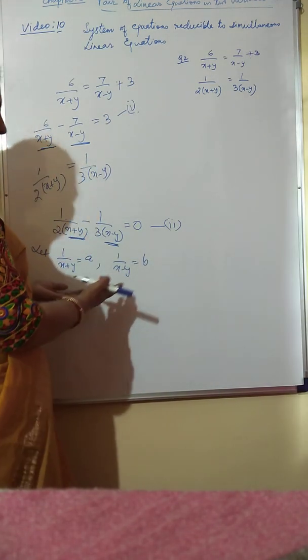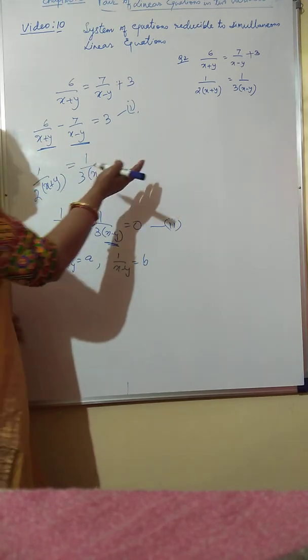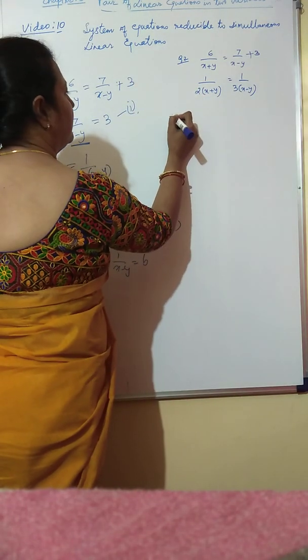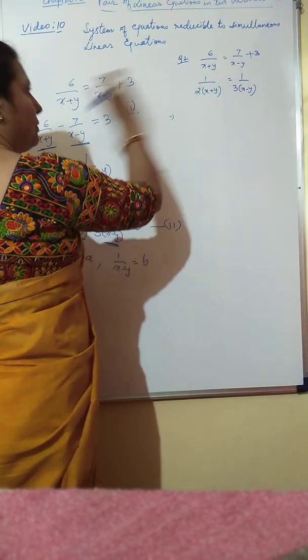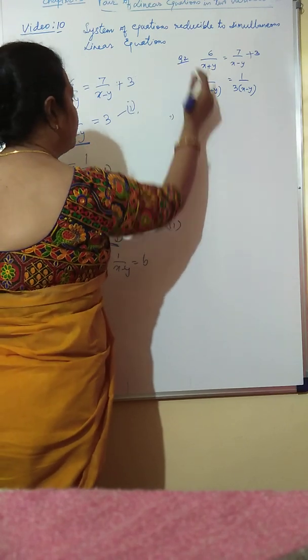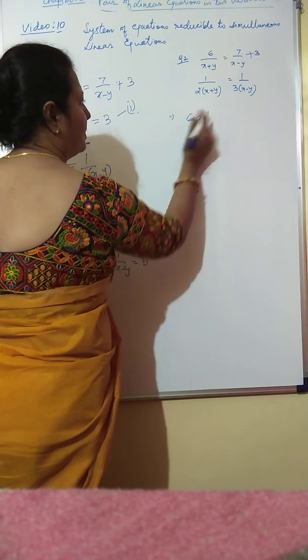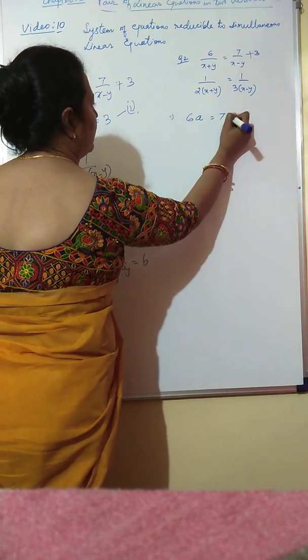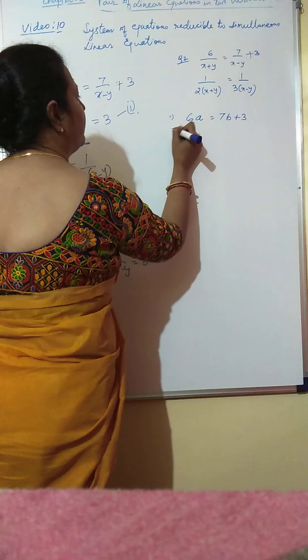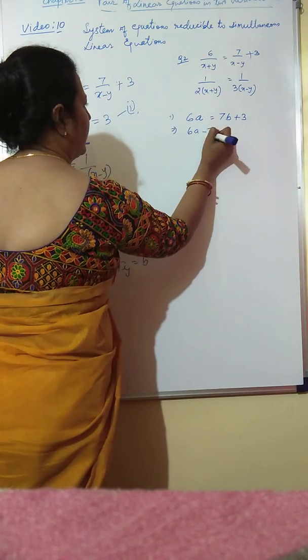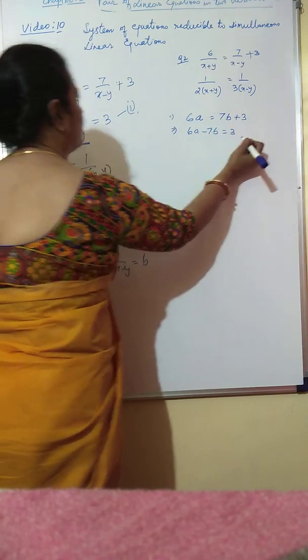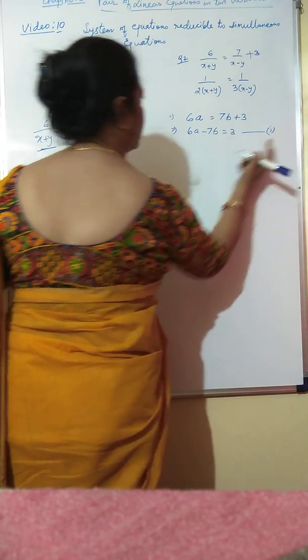Once you assume this, you substitute in the equation. Then the first equation comes in the form of 6a is equal to 7b plus 3, or 6a minus 7b is equal to 3. So your first equation converts into this form.